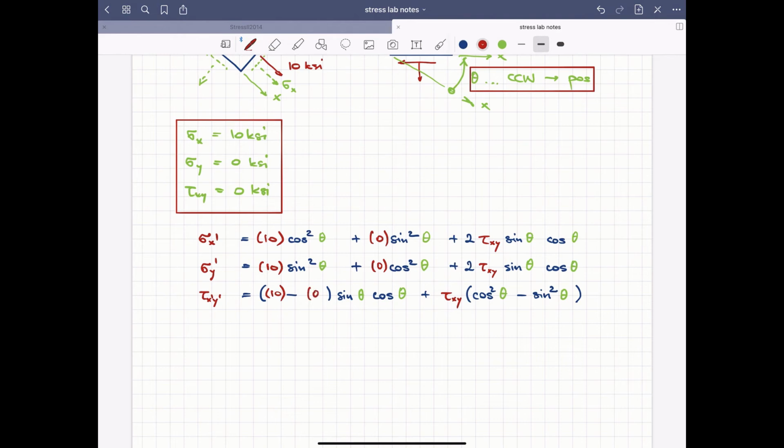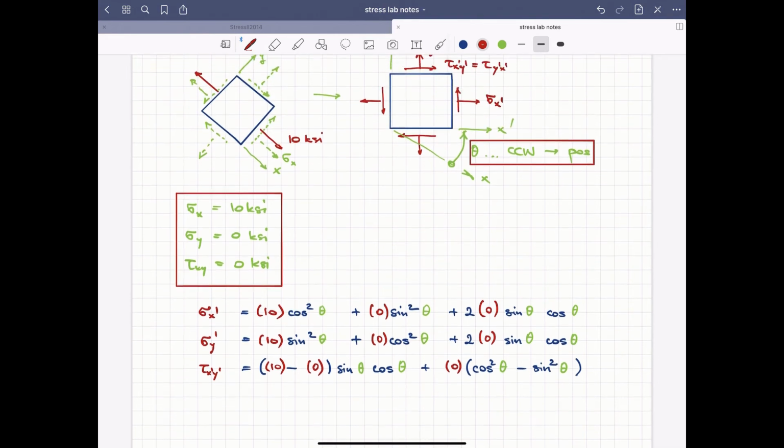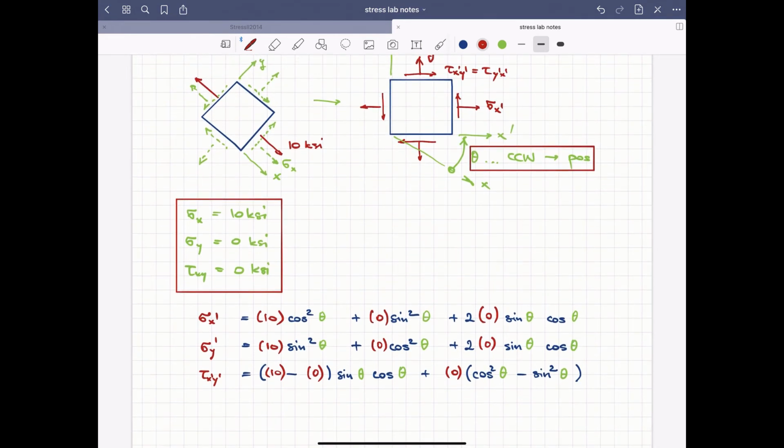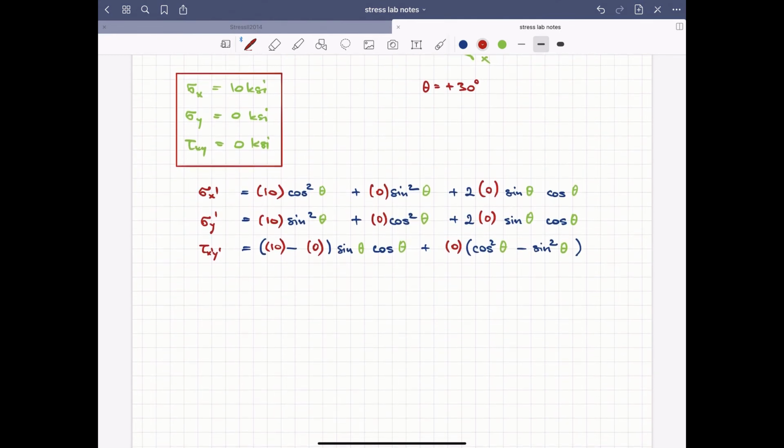And the same story follows with tau xy, which was also identified to be 0 ksi. Once we have those values, we need a rotation angle theta. And let's just, for this example, assume a rotation angle and say theta shall be 30 degrees. The sign's given simply by the drawing because we are going counterclockwise. It's a positive number.